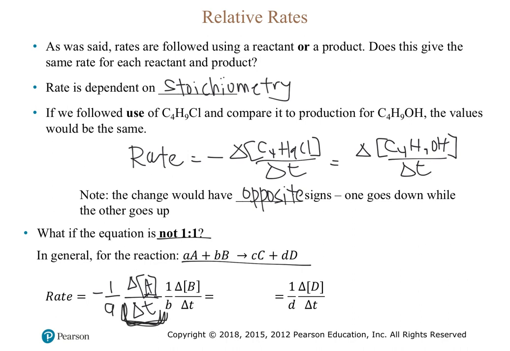So if I want to know the total rate, I'm going to find that number, calculate it from the graph, and then do negative 1 over A to get the total rate for the reaction. Same thing with B. When I have a product such as C or D, I'll keep the positive and then multiply by 1 over the coefficient times the concentration change over time.